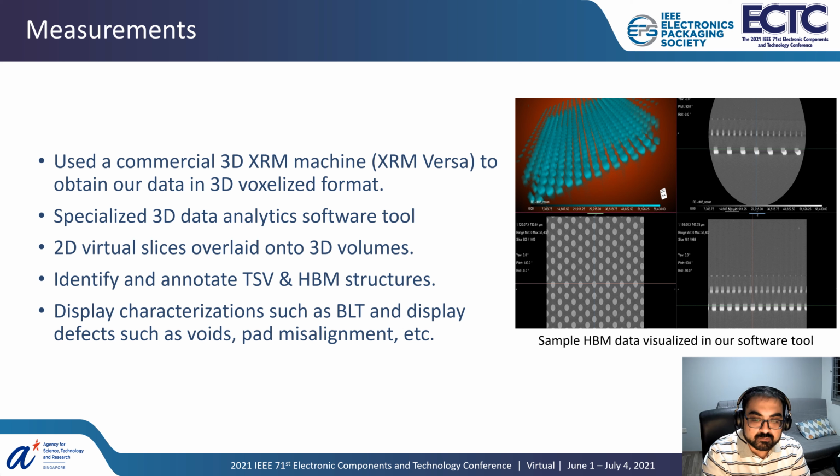This tool can also overlay the 2D virtual slices onto 3D volumes. It can also help us automate the process of identifying and annotating the TSV and HBM structures. And at the end, once we have integrated our solution into it, we can also display important characteristics such as bond line thickness, and display defects such as voids, pad misalignment, etc.